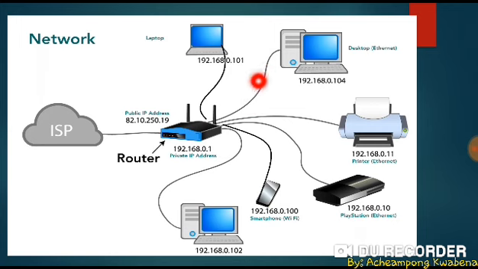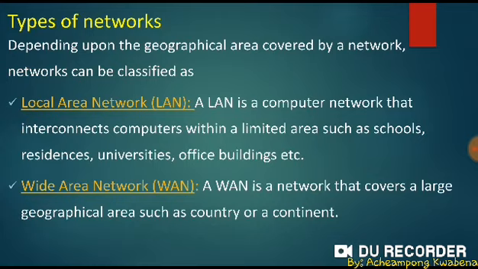Here we have cables connecting the devices to the router. So this is what we refer to as a cable connection. Cables or cords are used to connect the devices to the router, and this one too forms a network.